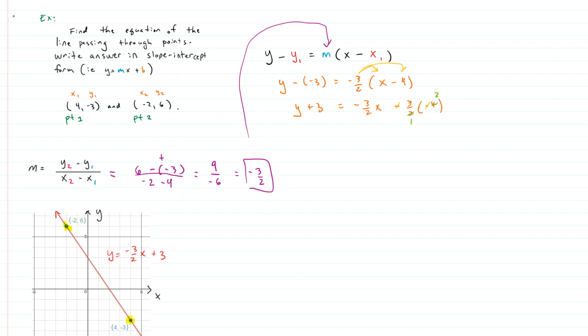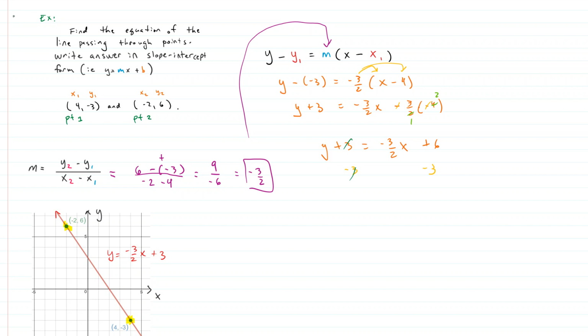So we have 2 times 3, which is just a +6. If we keep going, y plus 3 equals -3/2 x plus 6. If I subtract 3 on both sides, again, we're trying to solve for y.